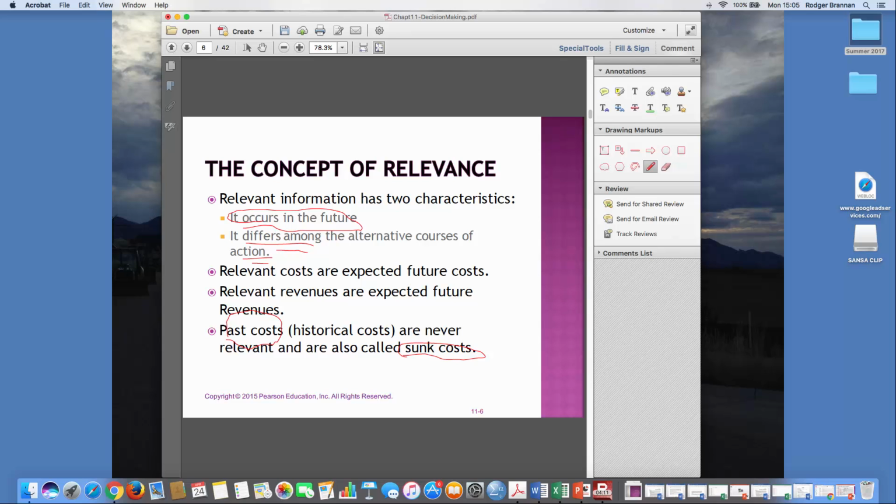I can always go back and look at the decision to buy the stock in the first place. Why did I do that? What mistake did I make in purchasing that? That's appropriate to do, but I can't use the $10 as a comparison against the market because I can't do anything about that past cost.